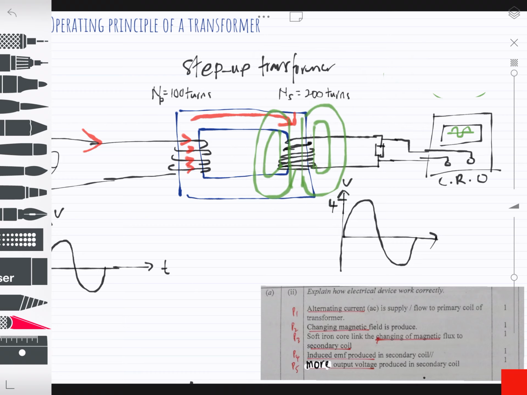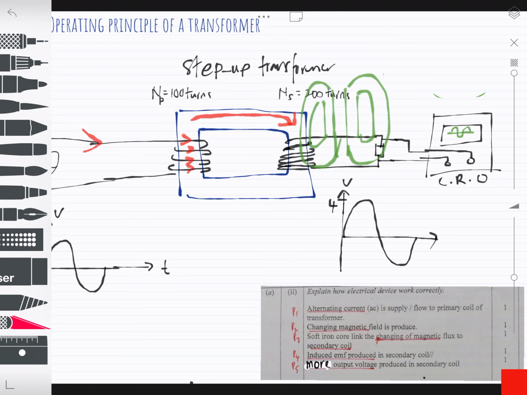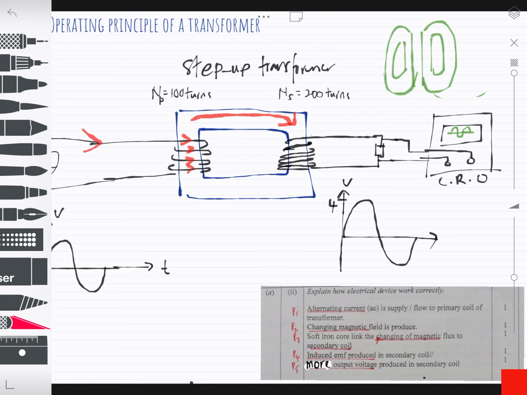So what happens now is the magnetic field is cut by the coil of the secondary coil. This is what we have learned earlier. When the magnetic field is cut, we say the magnetic field is changed, and a changing magnetic field can induce current.